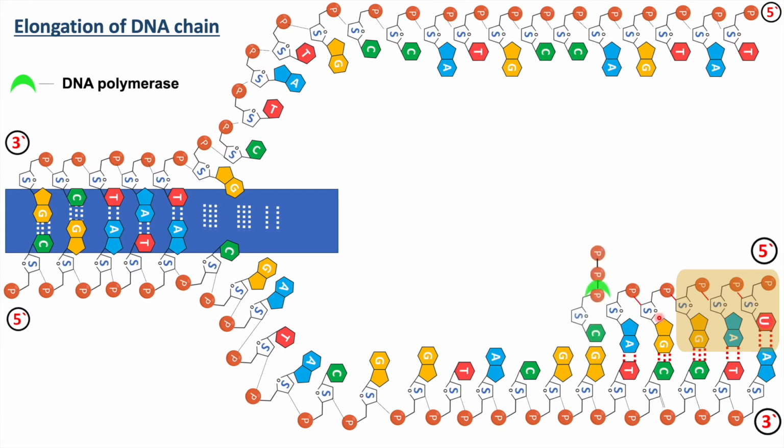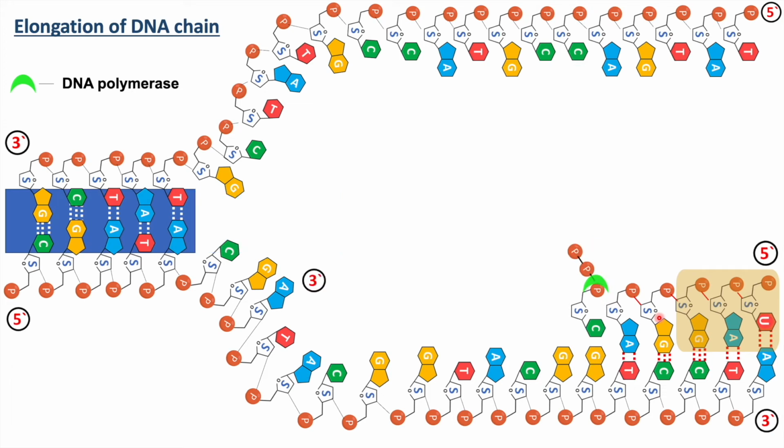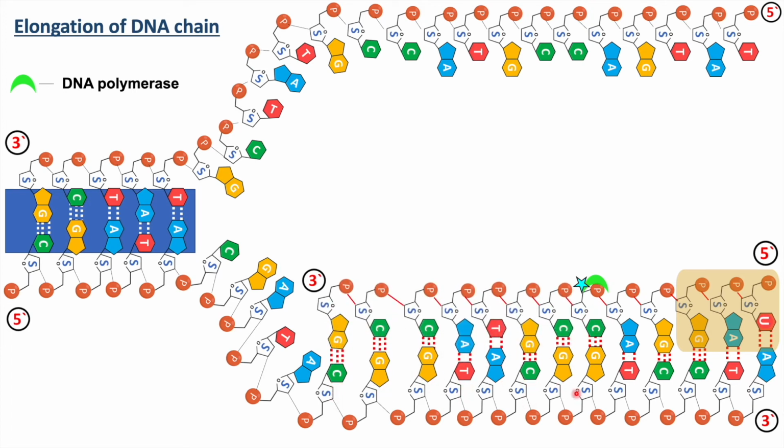Let's see it again. Polymerase cleaves this pyrophosphate, releases energy, and then builds this phosphodiester bond. And likewise, let's just complete this side of the strand. So now you can see that we have a new DNA strand which is synthesized in 5' to 3' direction.